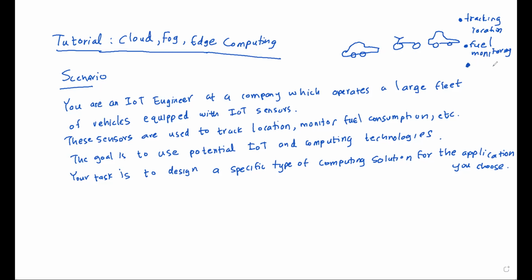Also, we need to monitor their condition, like we need to monitor and maintain the vehicles. So maintaining the vehicles and making sure that the vehicles are not having critical issues is one of the applications. So these three are the main applications that we are going to consider, right?